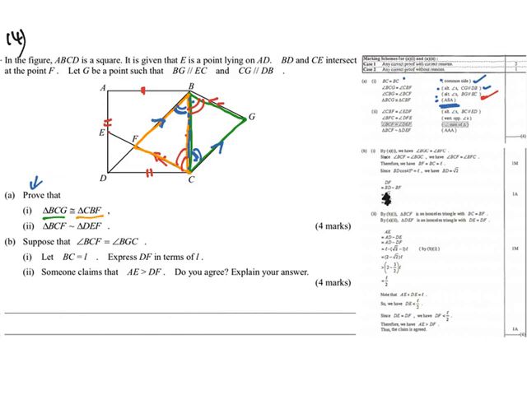Next, A2, the similar triangle. For similar triangle, we need to prove BCF, the yellow one, with the red one, DEF, are similar. Because it is a square, we know that these two are parallel. So that means this angle is equal to this angle.